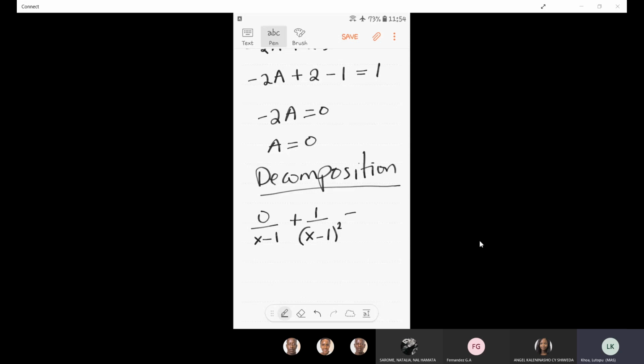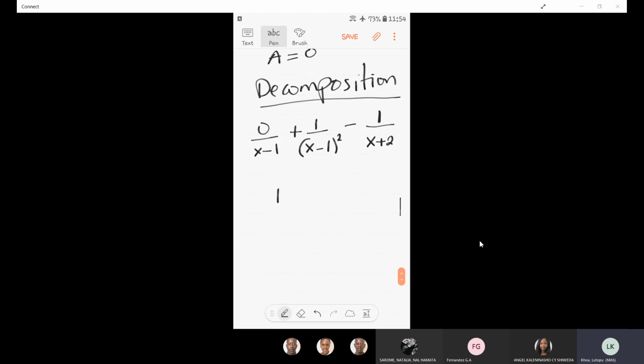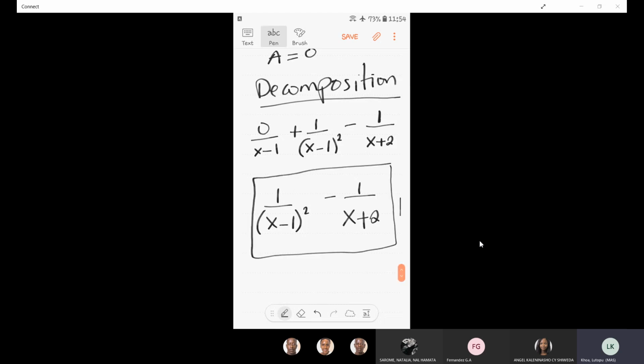And then my C was negative 1, so I don't need to write this as positive. I just write it like that, 1 over x plus 2. And then finally, I can just say this is 1 over x minus 1 squared minus 1 over x plus 2. Okay, so this here is my final answer. And that's what we do when we have repeated factors.